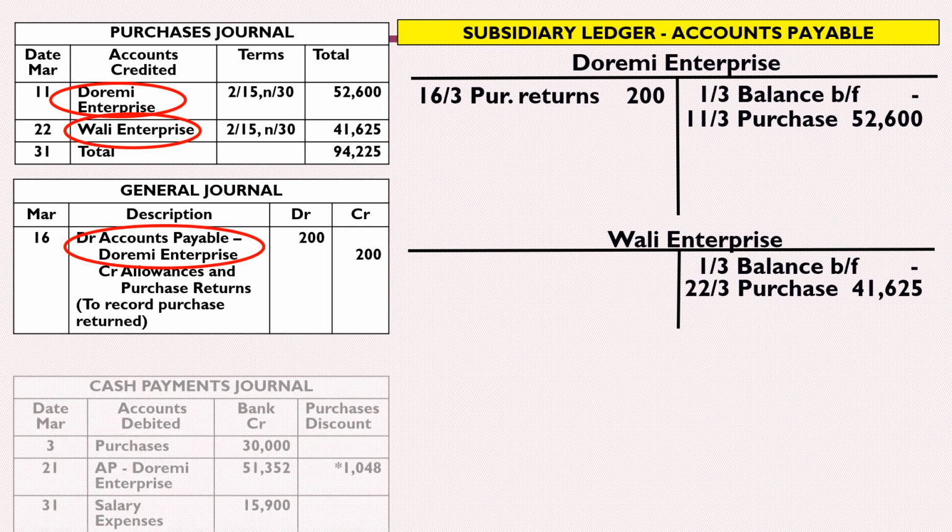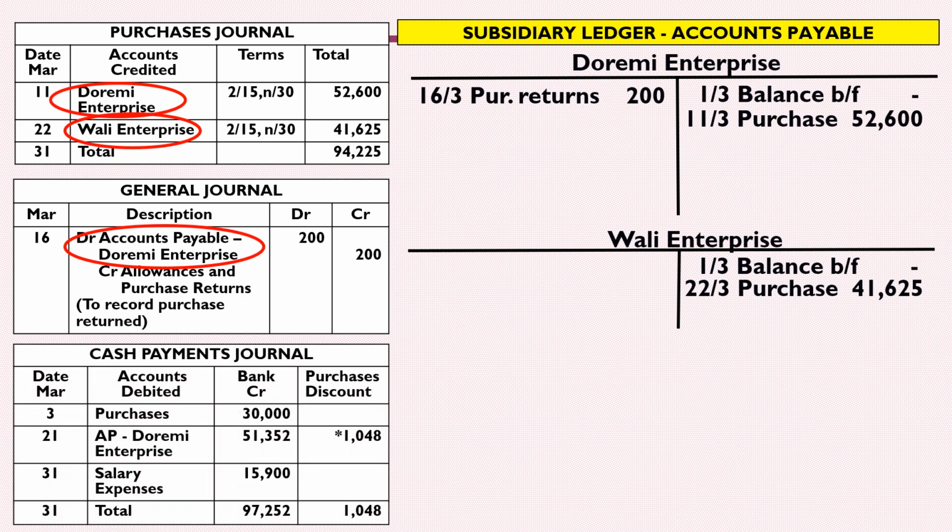Then we check on the cash payment journal. In this cash payment journal, we found that on 21st March, accounts payable Dani Enterprise, we paid under bank 51,352 and the purchase discount is 1,048.